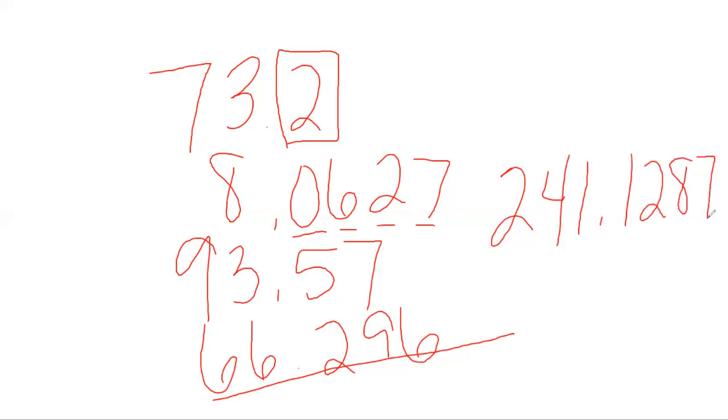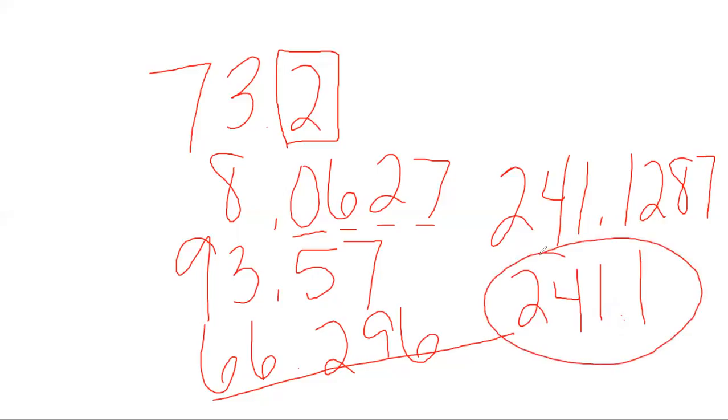But that's not the correct answer because we have to round to 1 decimal place in this example because that's the least number of decimal places. So my answer becomes 241.1. So this right here would be the correct answer for this problem.